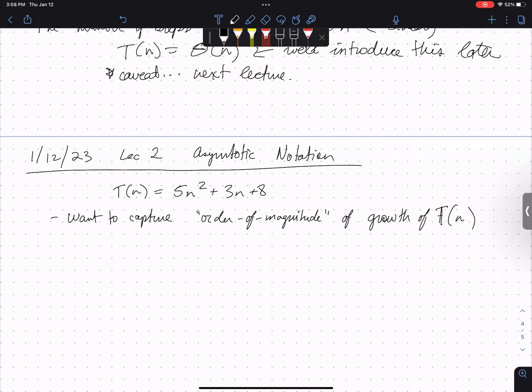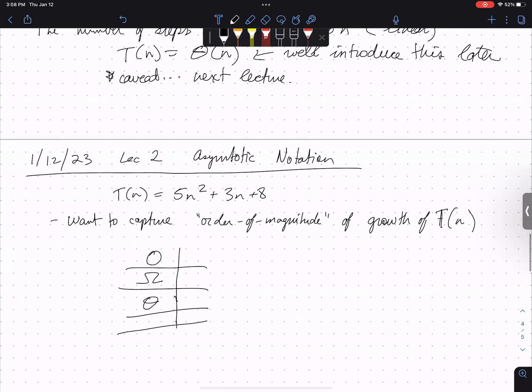And we want to be able to then compare using this notation of big O and similar things. So in particular, we're going to have big O, big omega, theta, and little o.